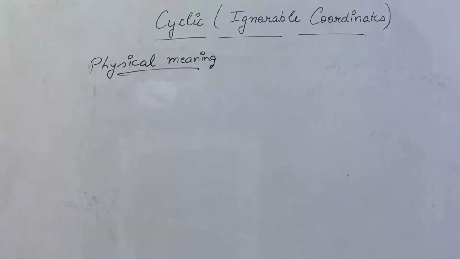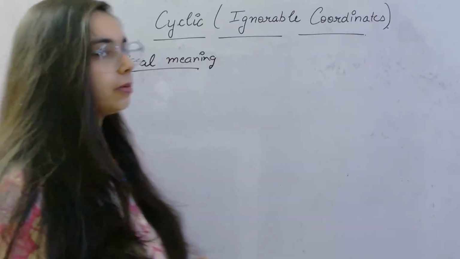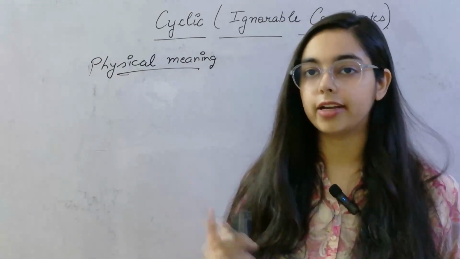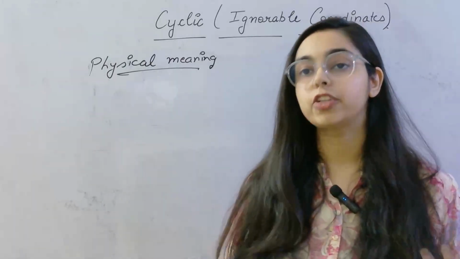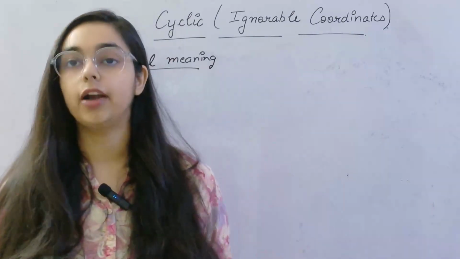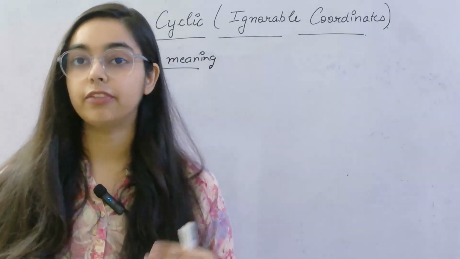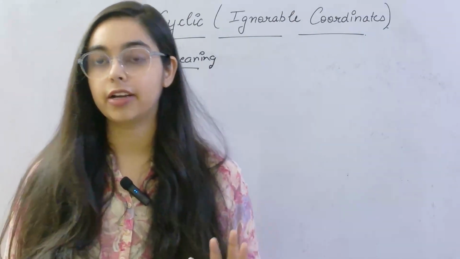If my Lagrangian does not contain this coordinate, then the partial derivative with respect to that coordinate is zero. The partial derivative of my Lagrangian with respect to that coordinate is zero.